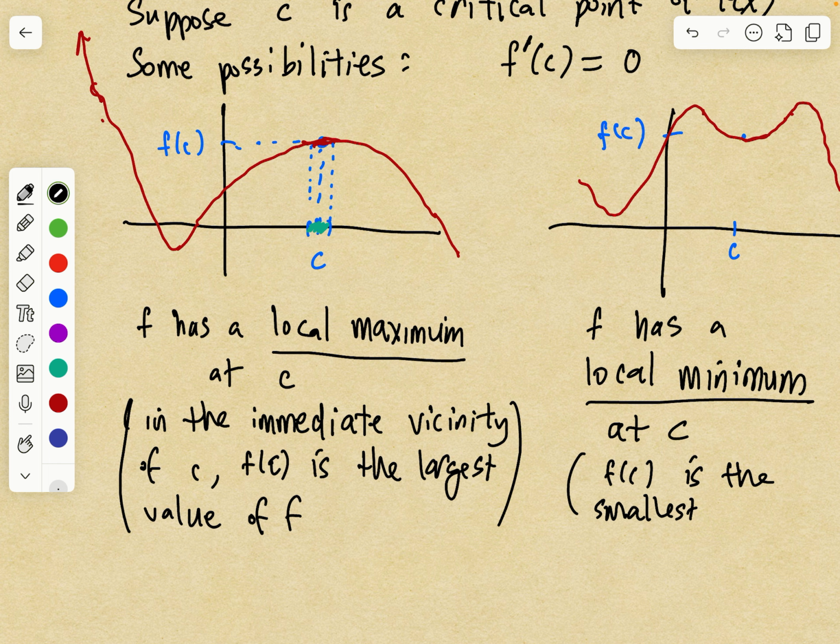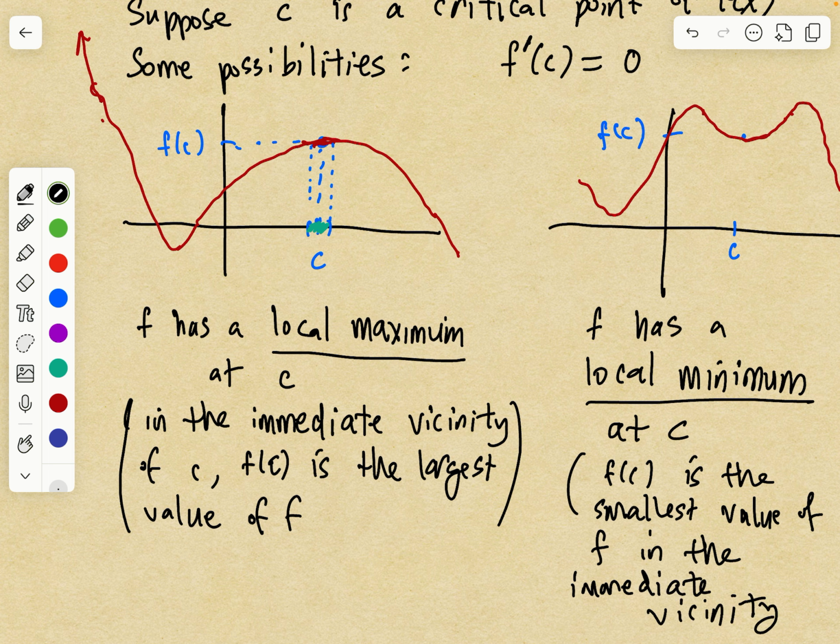It is the smallest value of f in the immediate vicinity, slightly to the left and slightly to the right is what I mean.